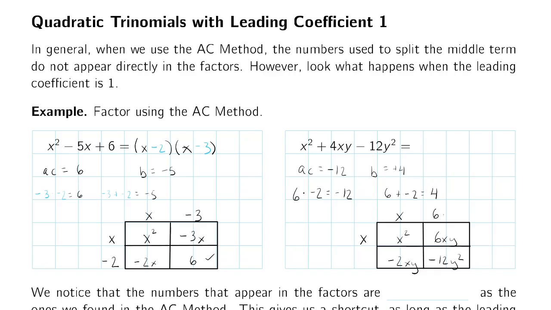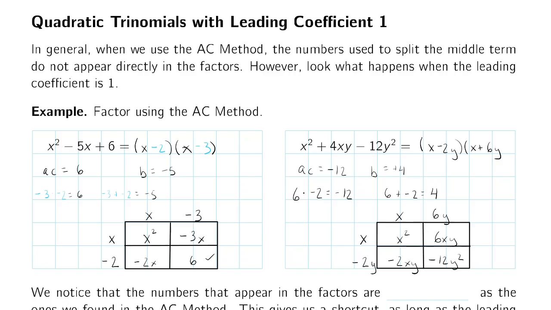In the second, I need a 6y. In the second row, I need a negative 2y. And a negative 2y times a 6y does give me a negative 12y squared. My factors are x minus 2y times x plus 6y.